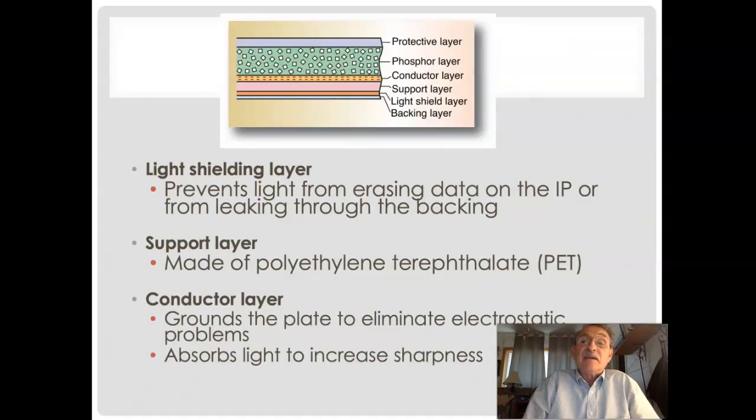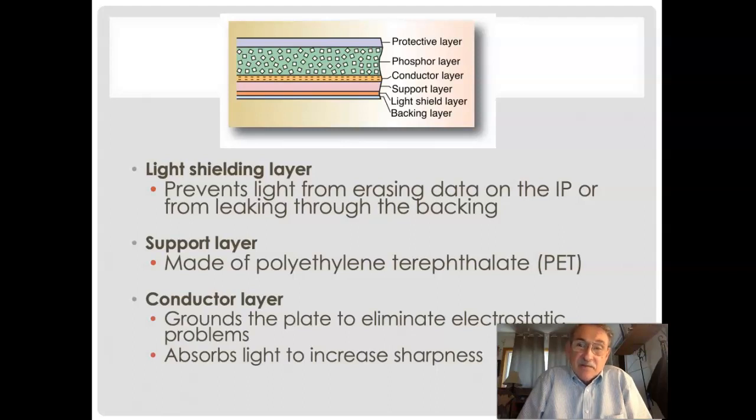Coming internally, we have the light shielding layer, and that prevents light from erasing the data on the image plate or from leaking through the backing. When we make an exposure, we want to preserve all of that light and all of those interactions, and we want them to remain within the confines of the image plate.